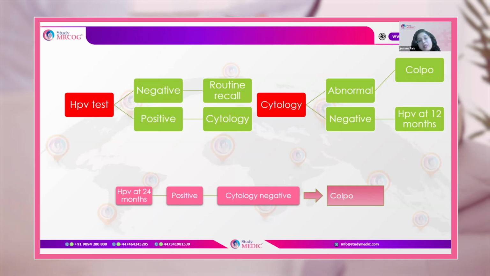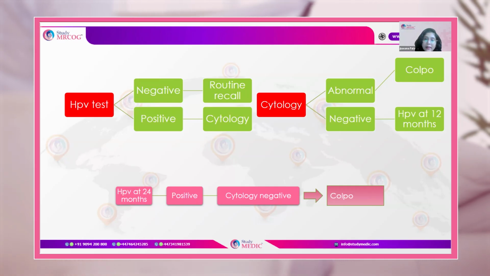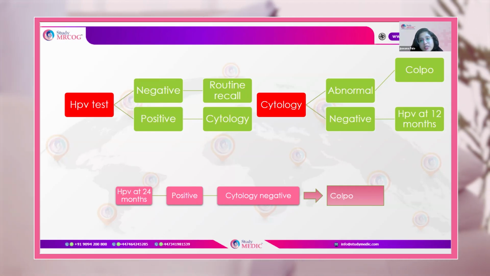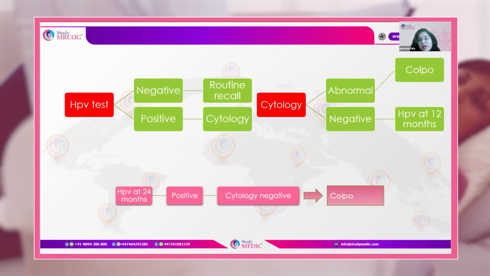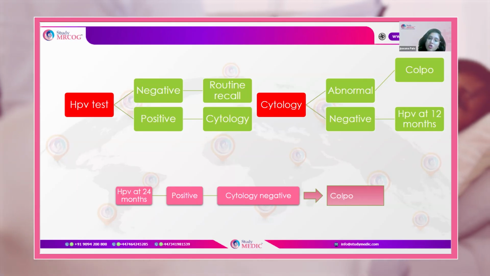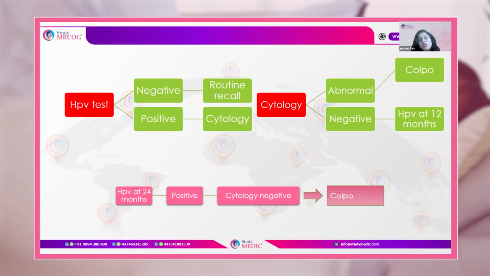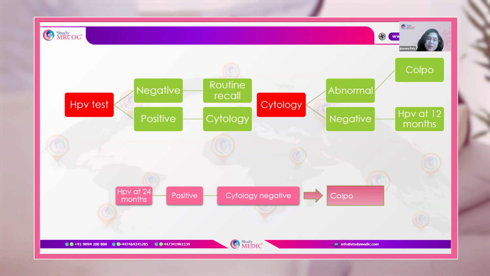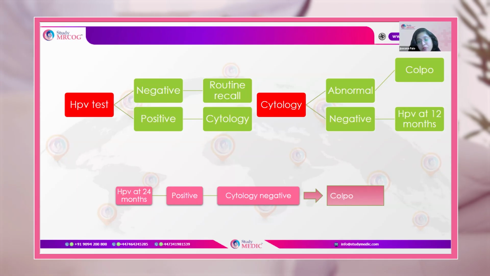Cytology can be abnormal or it can be negative. In case both are abnormal, that is HPV is positive and cytology is abnormal, then you need to go for a colposcopy. However, if the cytology is negative, then you can wait and repeat HPV testing at 12 months.